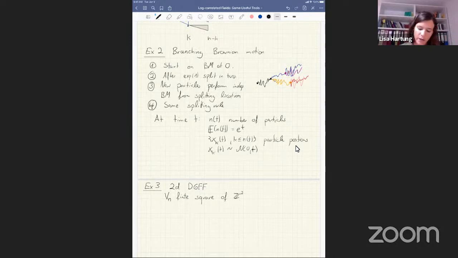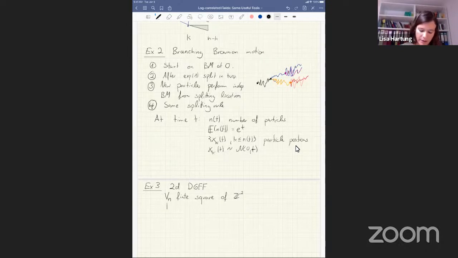Now we get the 2-dimensional discrete Gaussian field as a Gaussian process indexed by the elements of V_n that has mean 0 and a certain covariance that is given by the Green's function of the simple random walk.